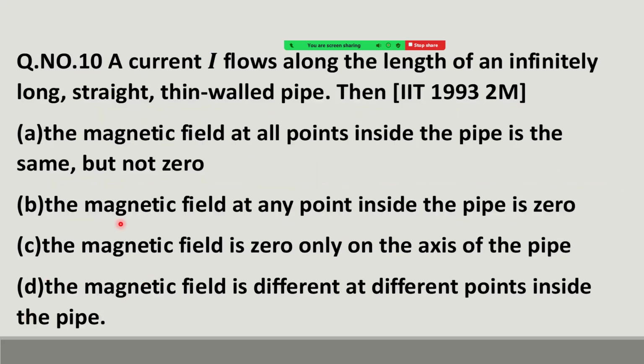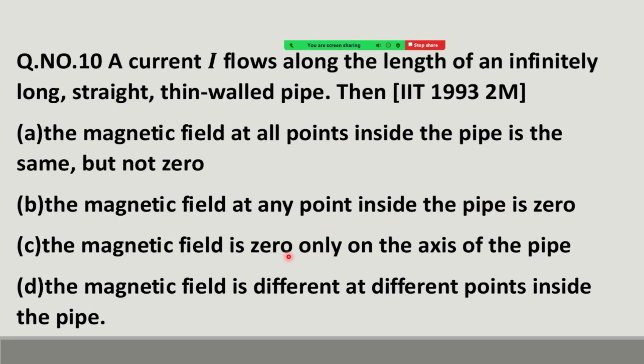See the first question, asked for 2 marks in 1993. A current I flows along the length of an infinitely long, straight, thin-walled pipe. Then the options ask: is the magnetic field at all points inside the pipe the same but not zero? Is it zero at any point inside the pipe?